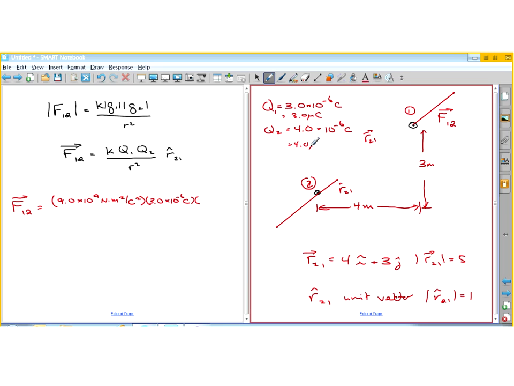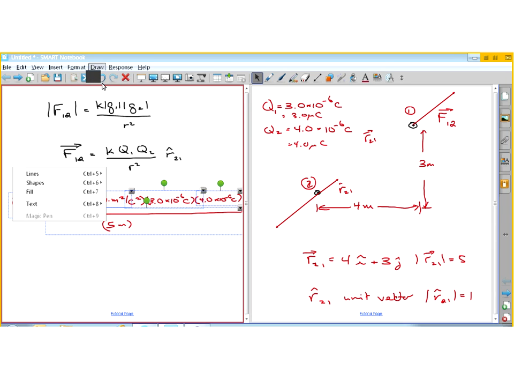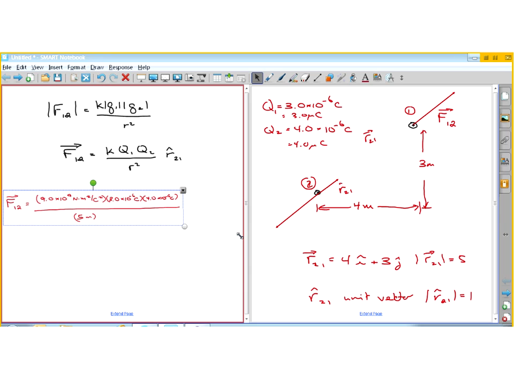This one is 4 microcoulombs, 4 times 10 to the minus 6 coulombs, all divided by 5 meters. I ran out of space here, so I'm going to squish this up a bit. So there it is. And then you multiply this by the unit vector, which was 4/5 i plus 3/5 j.